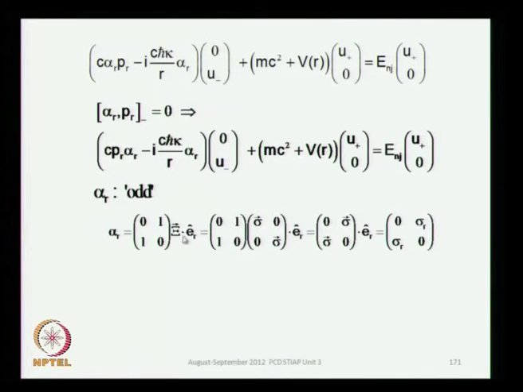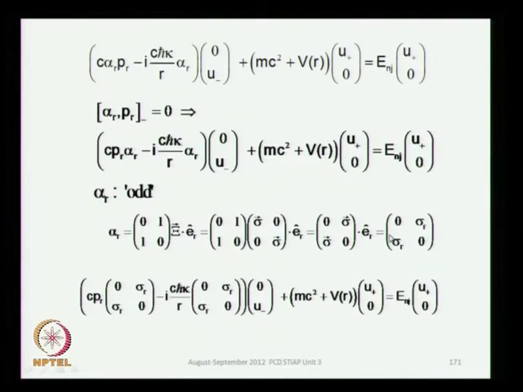Actually you notice that this sigma r and this uppercase sigma play the same role in 2-dimensional space and in 4-dimensional space. Using this feature, now in place of this alpha r you substitute 0 sigma r 0, and you do the same in every term. You have got alpha r over here as well.